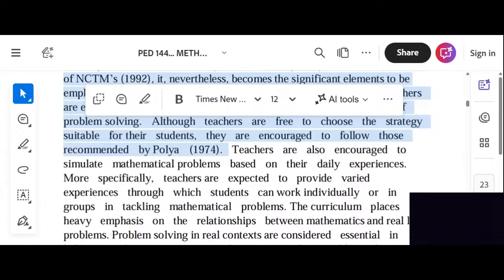That is the National Council of Teachers of Mathematics. In 1992, they gave their own definition of problem solving. So the definition we are going to look at in this material is not that of the NCTM.